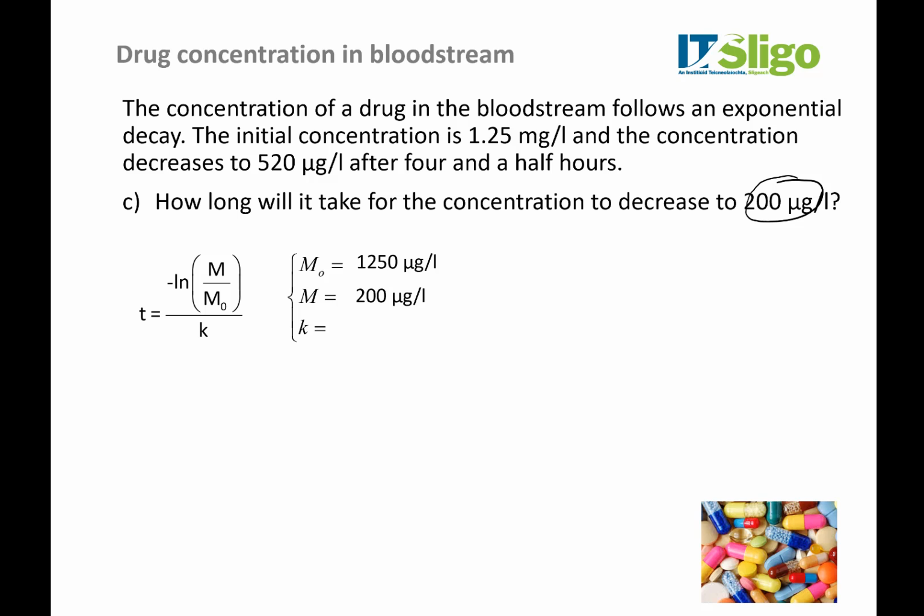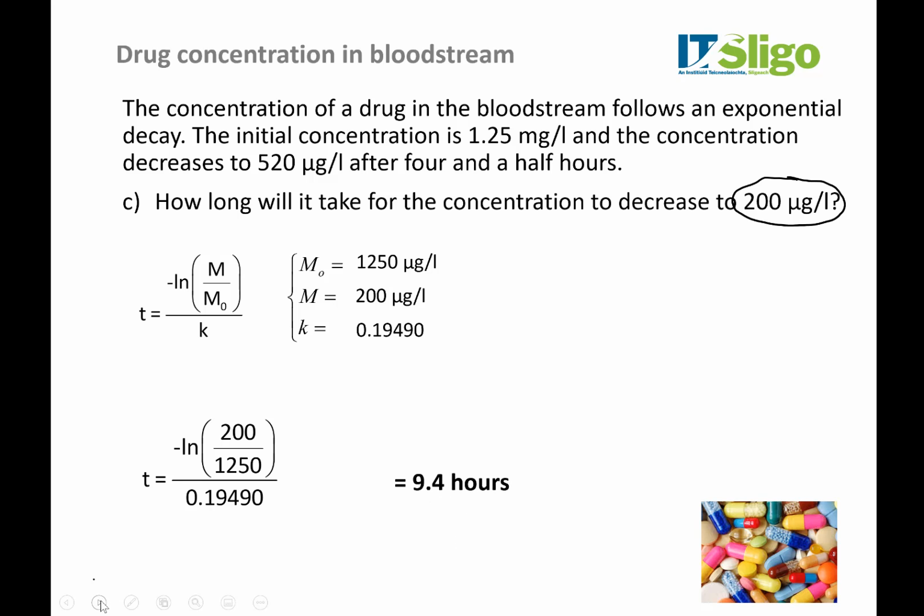How long will it take to decay to this new value, M? And K, again, is the same as what we calculated from part A. Feed these values into our function. And we get our answer then, 9.4 hours.